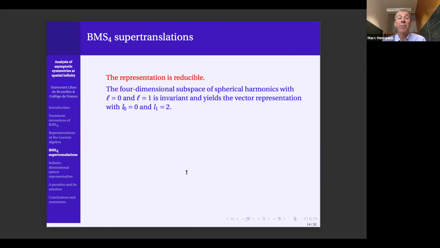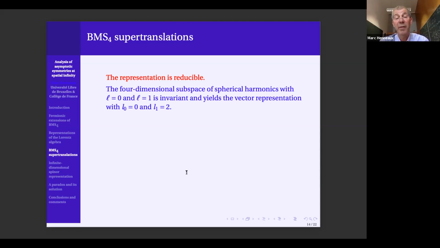If we want to decompose the representation in terms of irreducible representations, then we know that it is not irreducible, it is reducible. There is a four-dimensional invariant subspace given by the spherical harmonics with n equal to 0 and n equal to 1, which are just the ordinary translations.